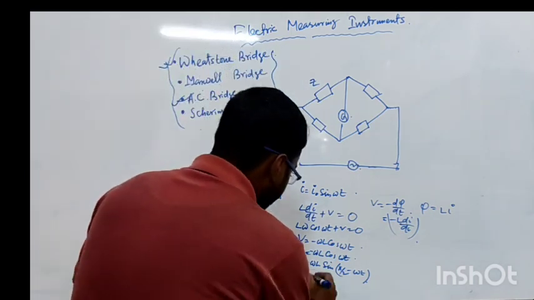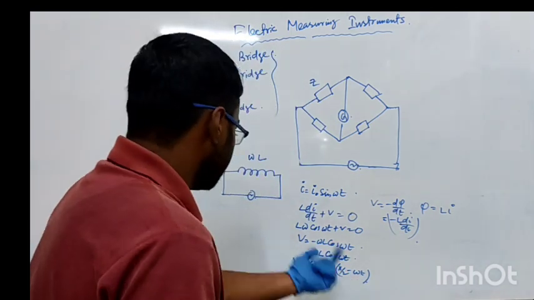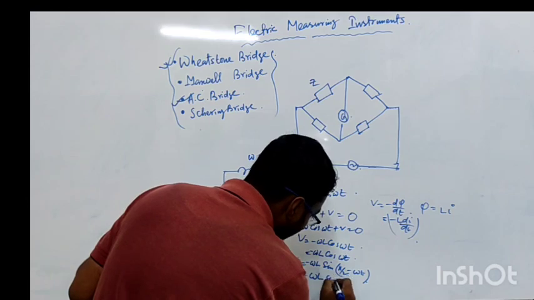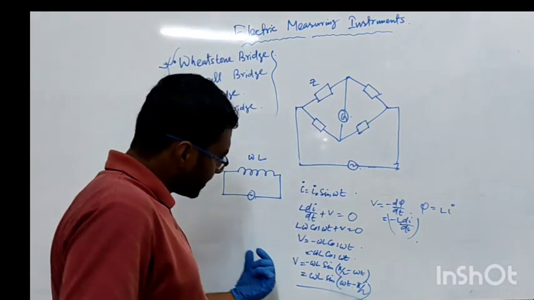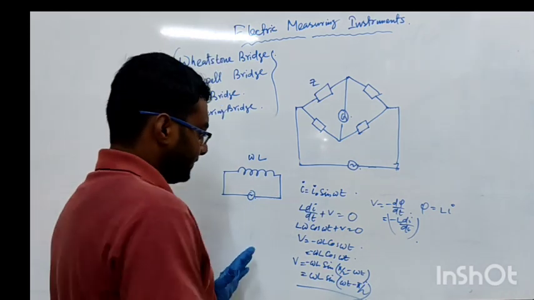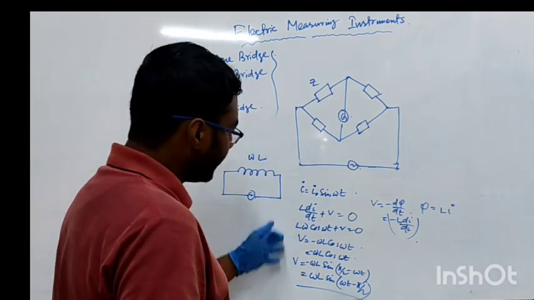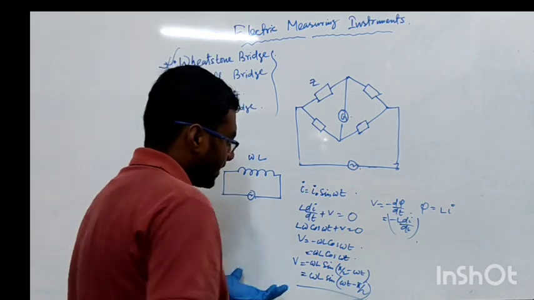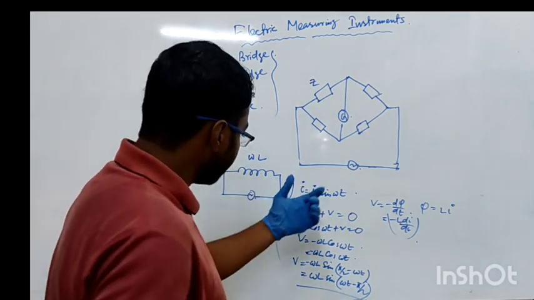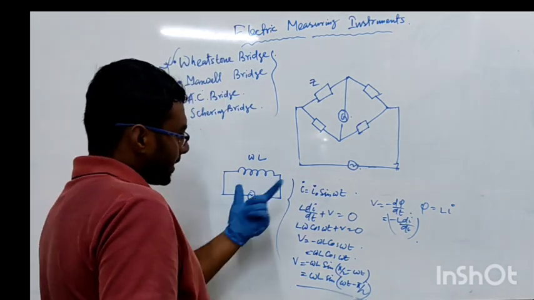And if we take minus from that, then we can get omega L sin of omega t minus pi by 2. That means here we can see that current leads pi by 2 with respect to voltage.